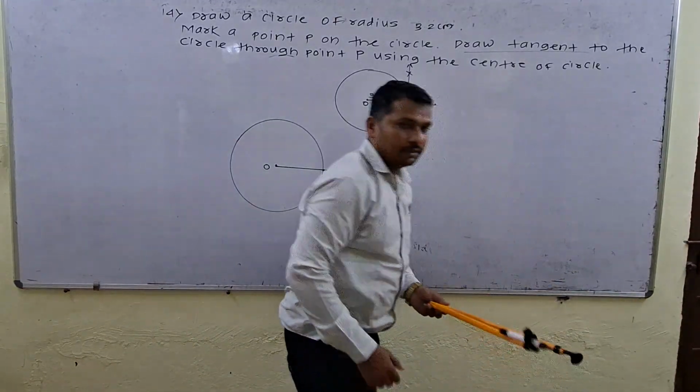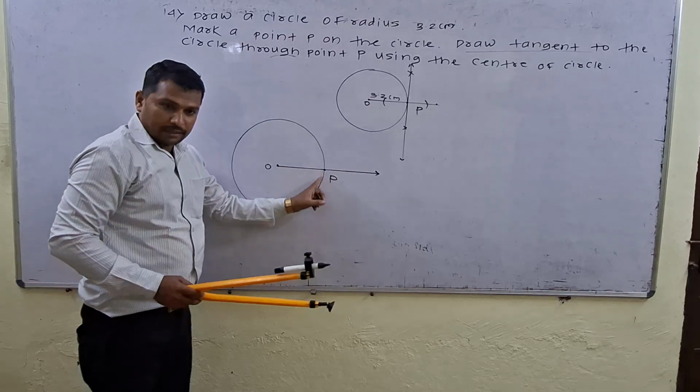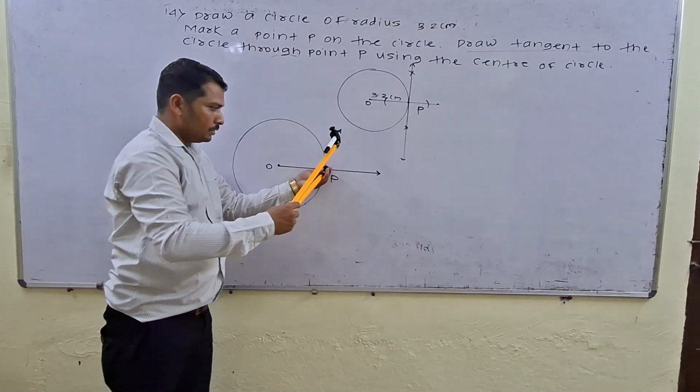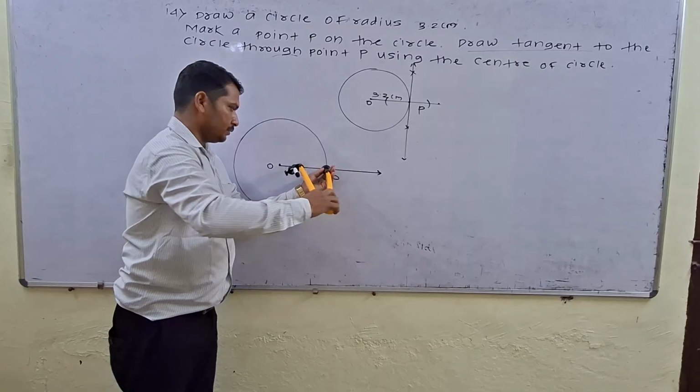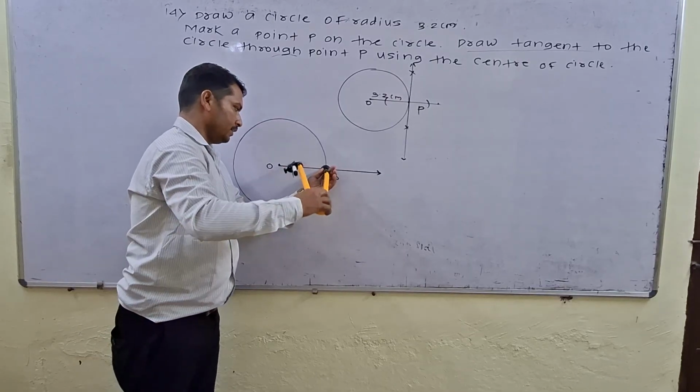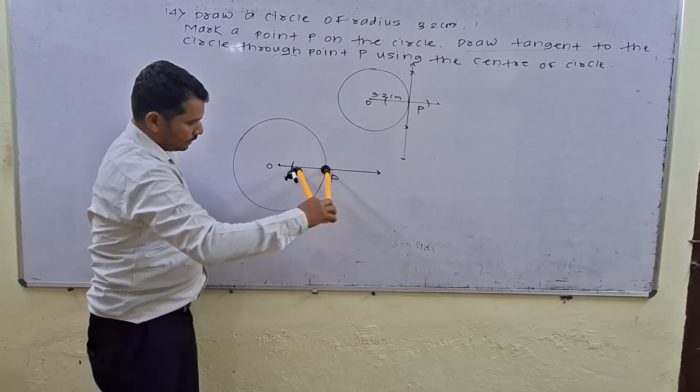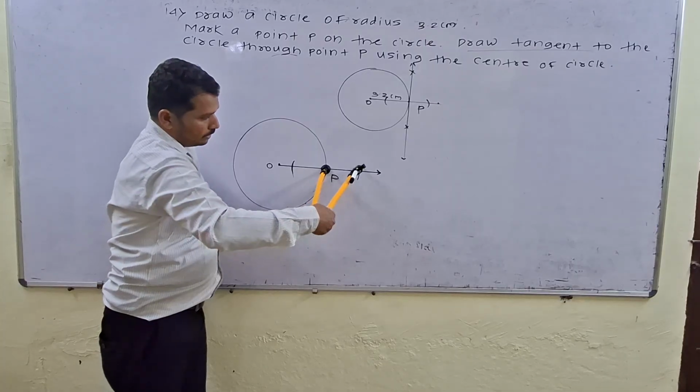Next one is point P, center of the circle. Take the pivot and bring it to the inside of the center. We must draw the first one here in this way. Same as drawing here again.